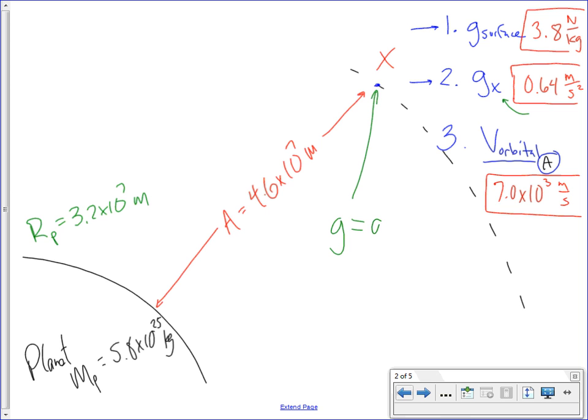It's a centripetal acceleration. And how do we find centripetal acceleration from our circular motion days? We just do v squared over r, and you can do v is the square root of gr.